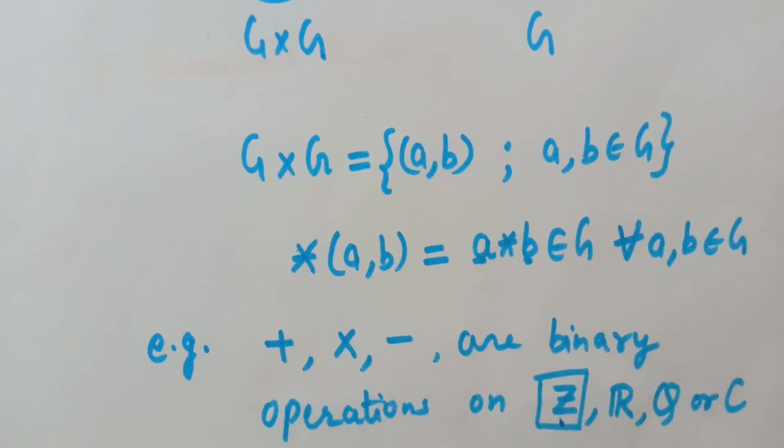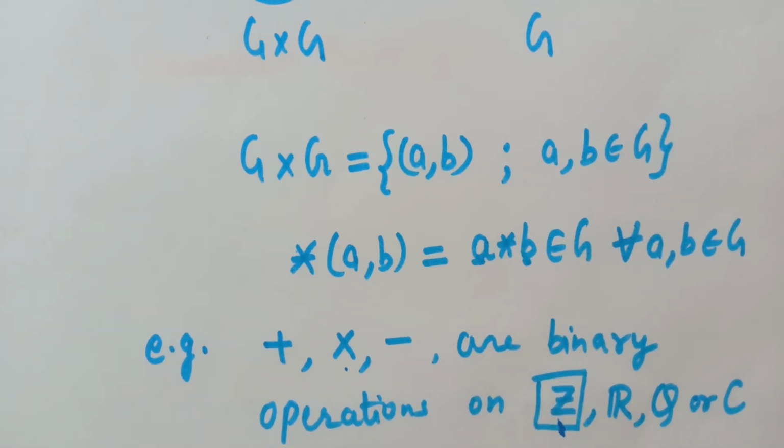If we add two integers, we will get an integer. Similarly, if we multiply two integers, we will always get an integer. If we subtract two integers, again we will get an integer. So addition is a binary operation on Z, multiplication is a binary operation on the set of integers, subtraction is a binary operation on the set of integers. In the same way, addition is a binary operation on R, Q or C. So these are examples of some binary operations.